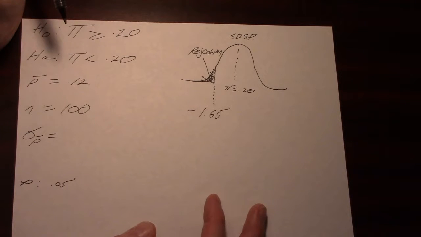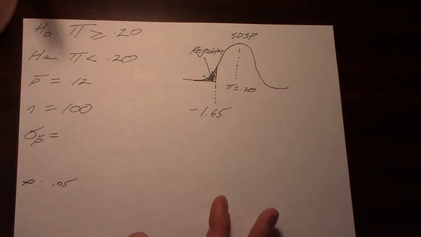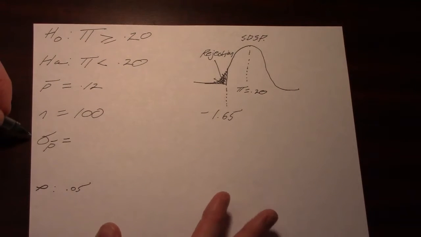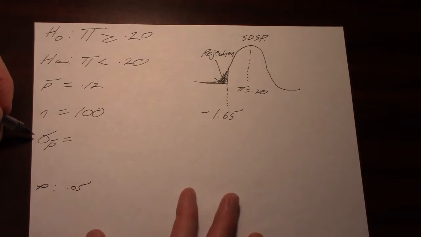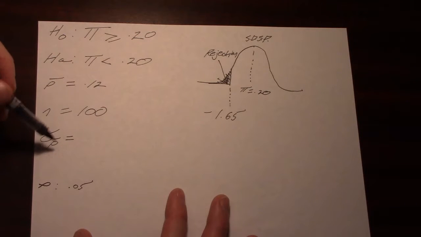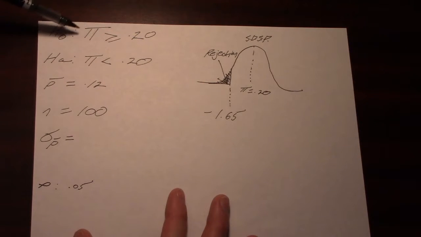Okay, let's go ahead and calculate the standard deviation of our sampling distribution of sample proportions. If you recall from a couple slides ago, the proportion we're going to use to calculate this is the assumed population proportion under the null hypothesis.